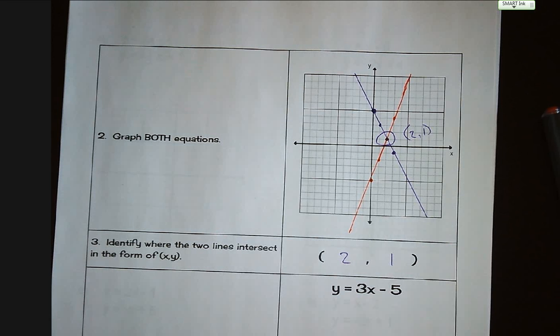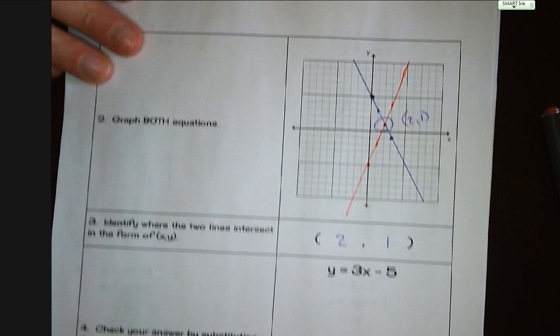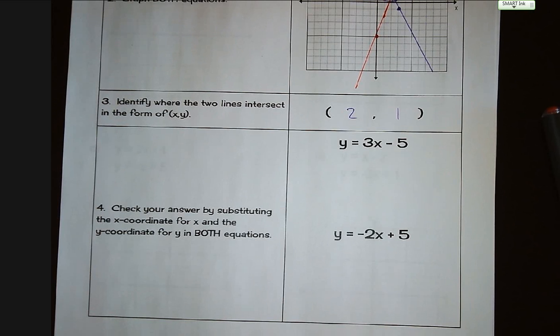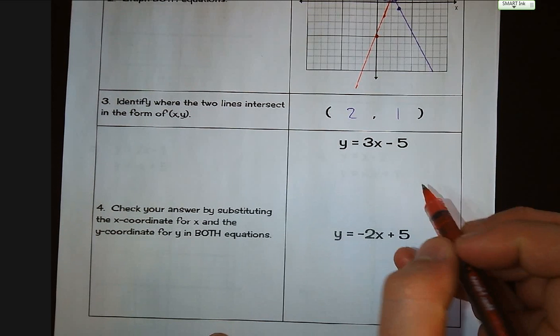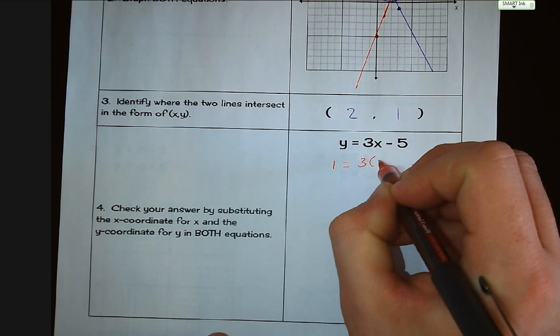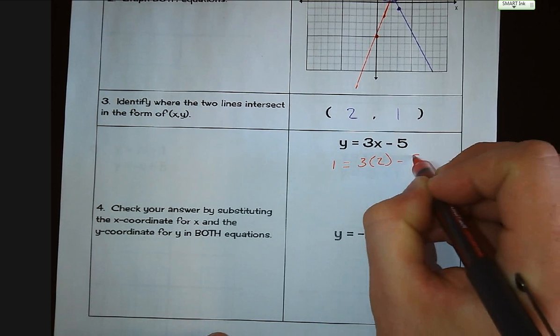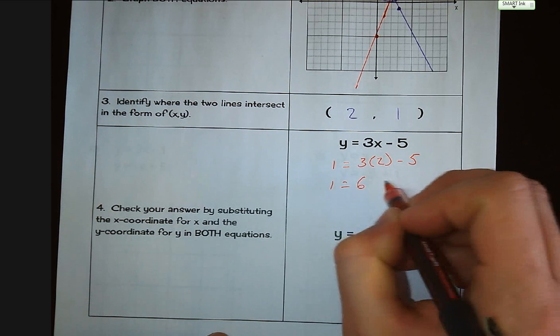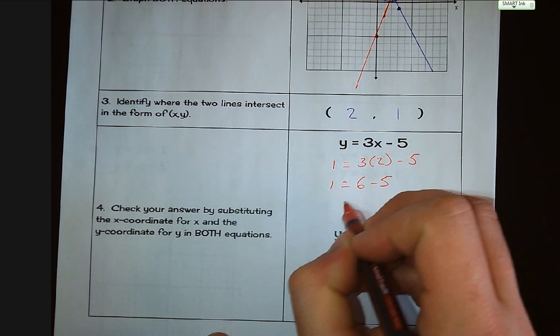So now we can double check our answers for all systems of equations by simply plugging the point into our equations. And if it works for both equations, it is actually our point. So we plug in 1 for y. So 1 equals 3 times 2 minus 5. 3 times 2 is 6. So 1 is equal to 6 minus 5. Is 1 equal to 1?